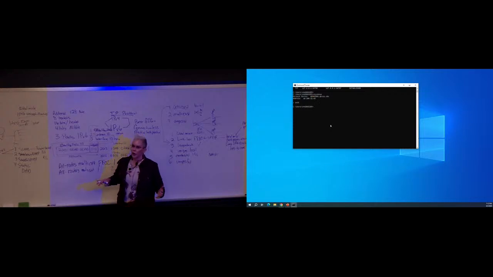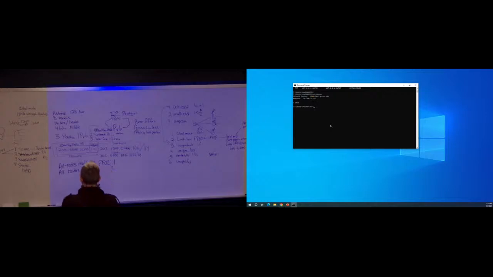FF02::2. Those two addresses you need to know, and what they mean. All nodes goes out to all the end devices. All routers goes out to all the routers. Okay, we got that.